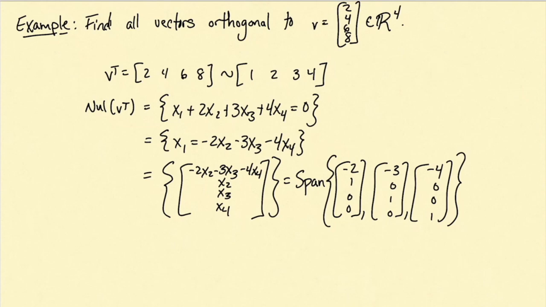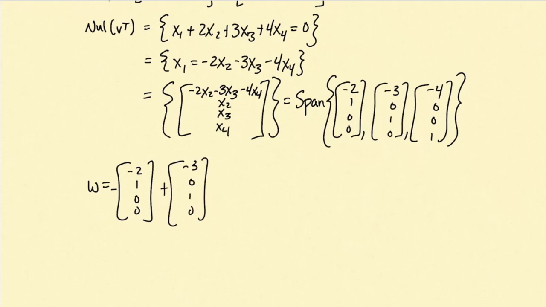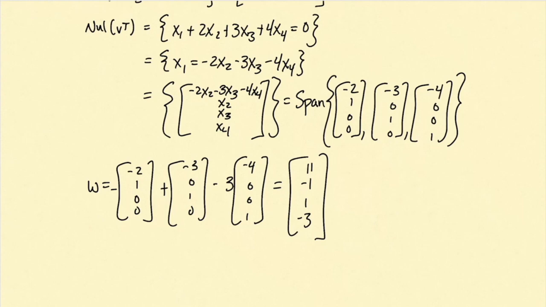So if we take any vector from this three-dimensional subspace of R4, let's say w is equal to negative 1 times the first vector plus the second vector minus 3 times the third vector, then we get the vector with coordinates 11, minus 1, 1, minus 3.